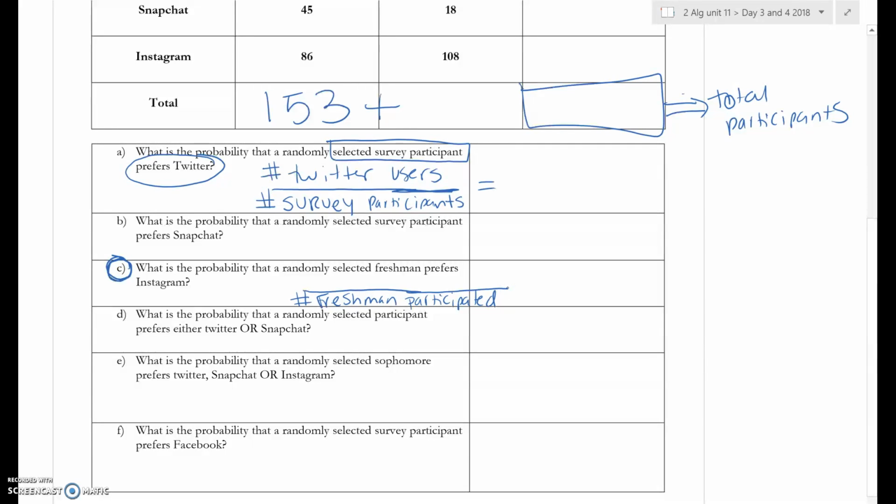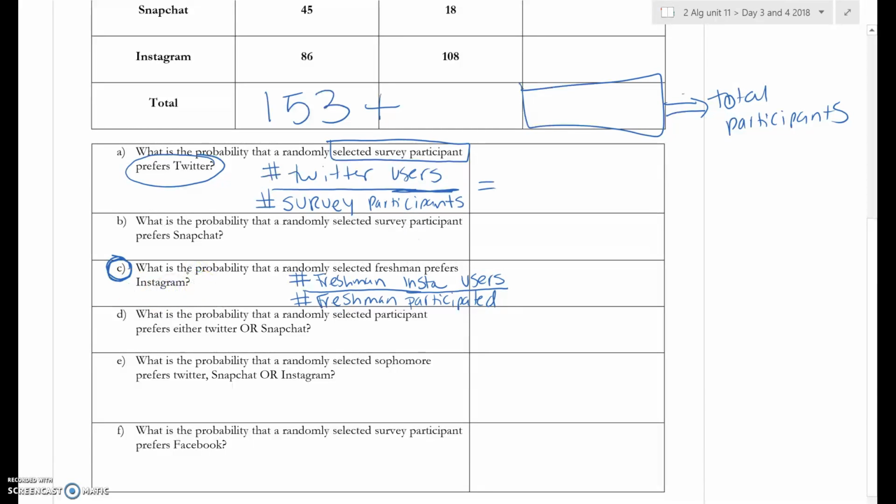And then we're no longer thinking about the total number that said Instagram because we've narrowed it down to freshmen. So the desired amount is now just the number of freshmen that said they were Instagram users. So be careful when you're thinking about the survey participants as a whole, the total, that will be this number here. And when you're narrowing it down to a particular group, so in this case, we're narrowing it down to freshmen, and we're saying what is the probability that a freshman preferred Instagram?